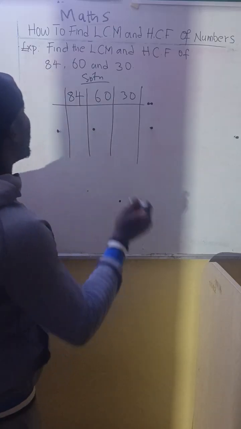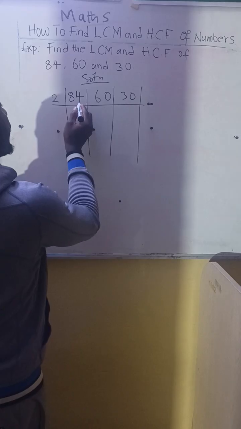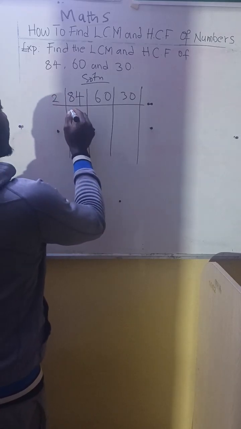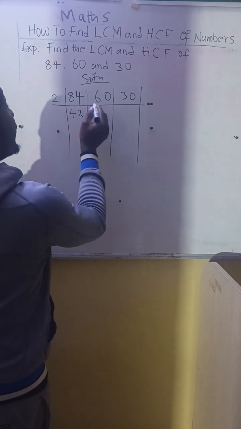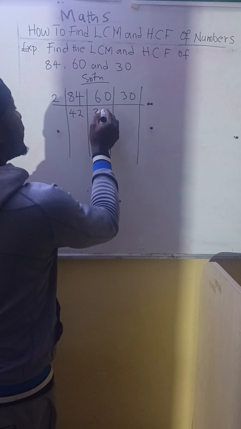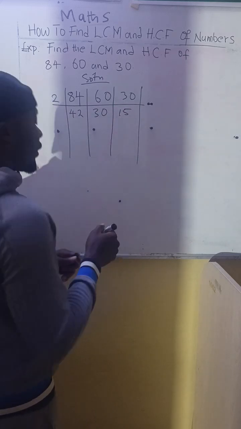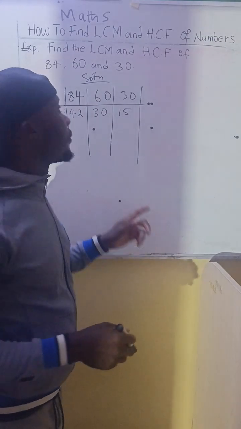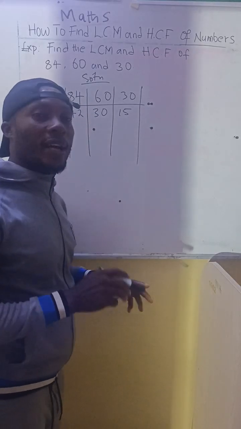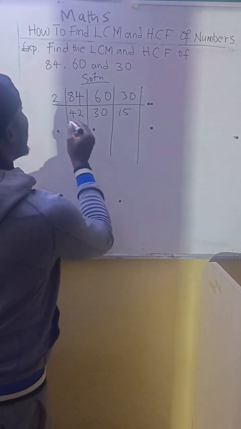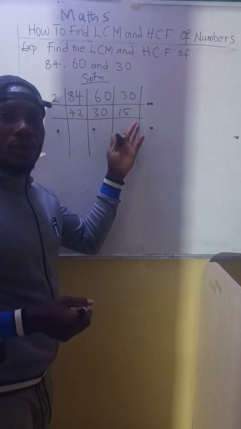So let's try 2. 2 divides 84 to give 42. 2 divides 60 to give 30, and 2 divides 30 to give 15. So 2 divides all these 3 numbers without remainder. So we have come to the second row.